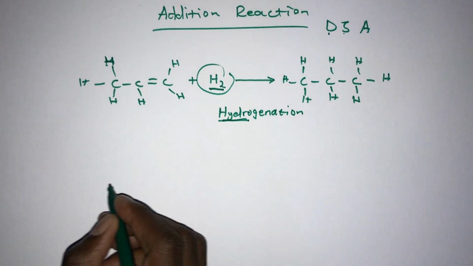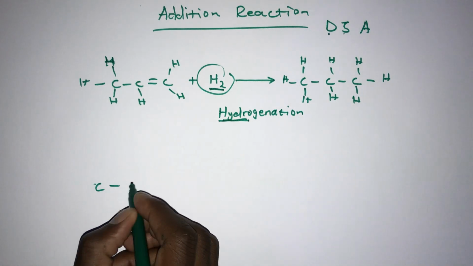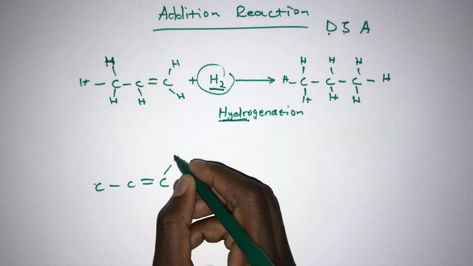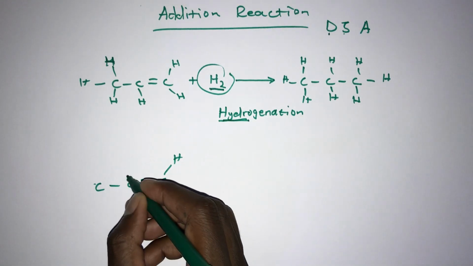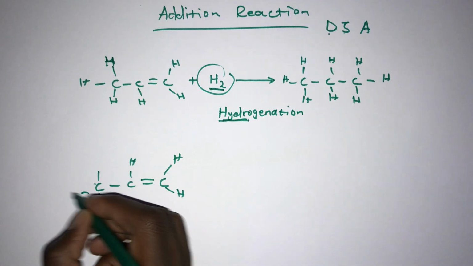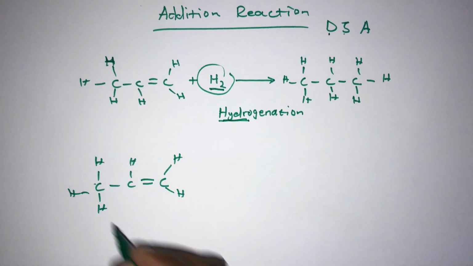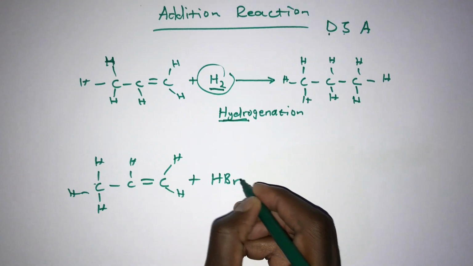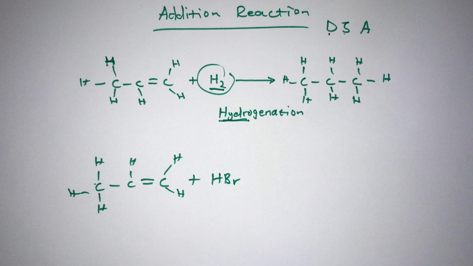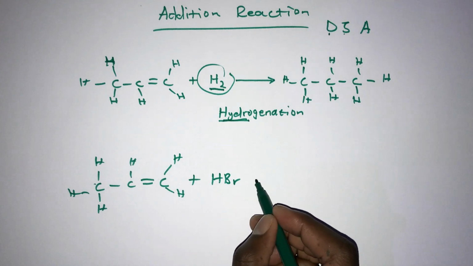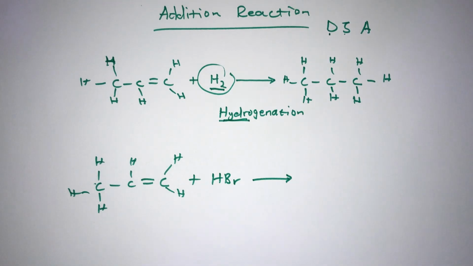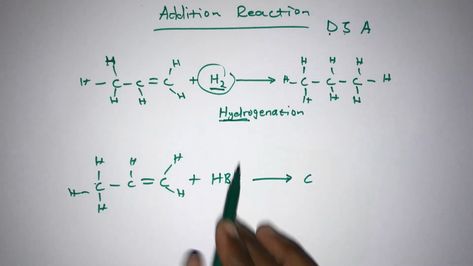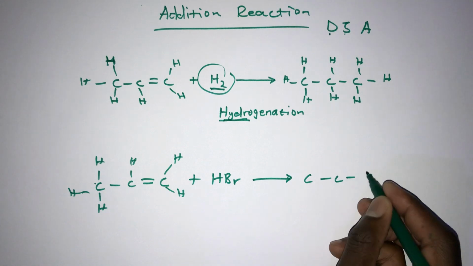So let's have another one. We can have 3 carbon atoms to make life easy. Let's say we are adding HBr. And then now the product. We're adding, remember, so we're going to have single bonds.